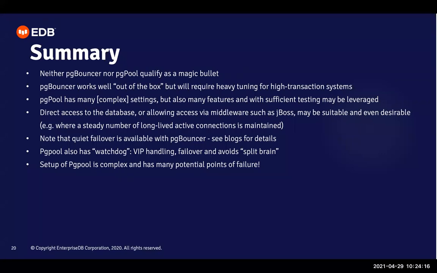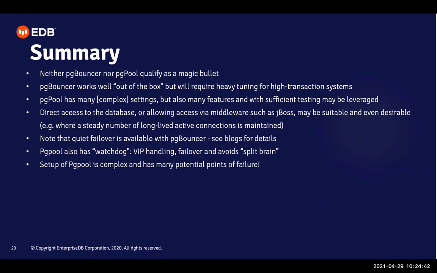So here is the summary. Neither PG Bouncer or PG Pool will address all your needs. So you have to pick and choose what are your most important needs. If you just need connection pooling, go with PG Bouncer. It's easy to set up, easy to maintain. If you need load balancing, go with PG Pool because it's also a load balancer as well as a connection pooler.